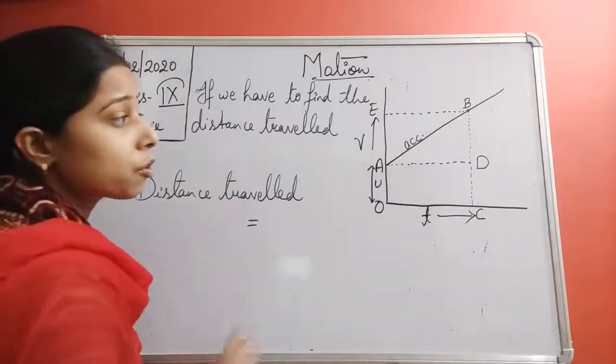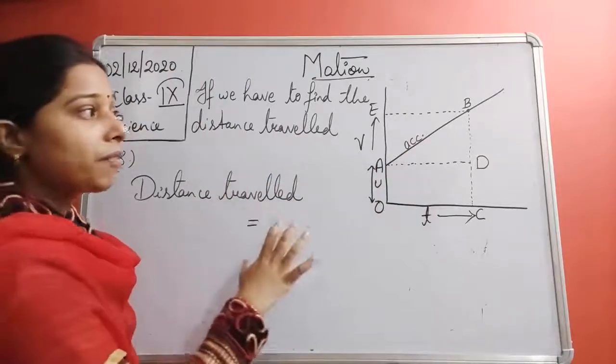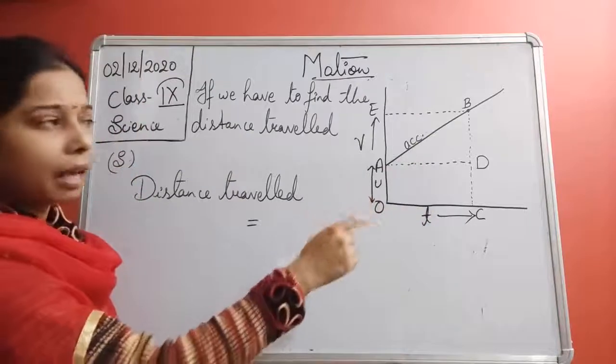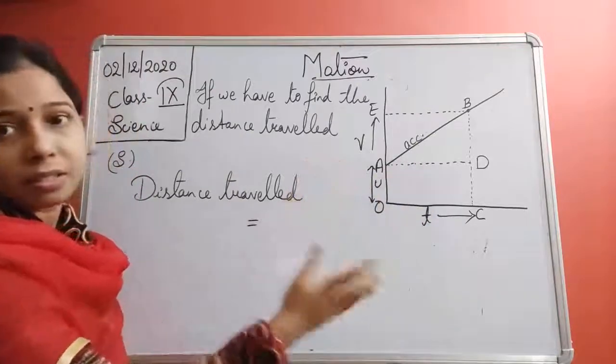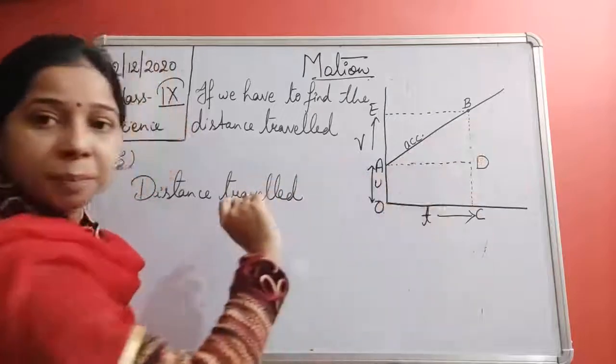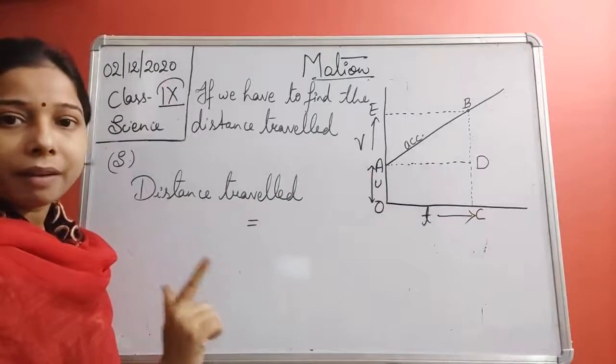In the previous section also, when we were finding the distance traveled, you have seen that if we are able to find the area of the graph, ultimately we are able to find the distance traveled. So you see, OABC is the area covered by the graph.